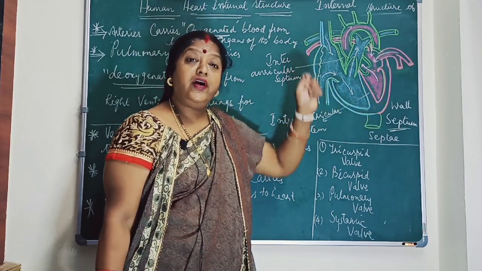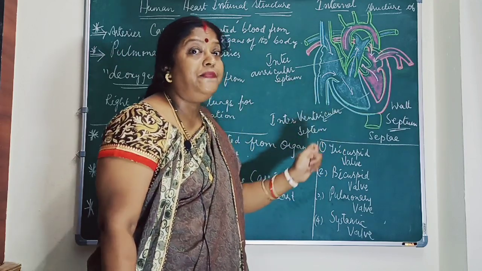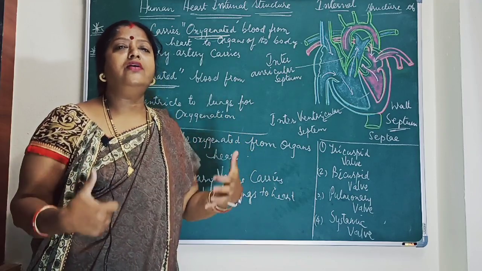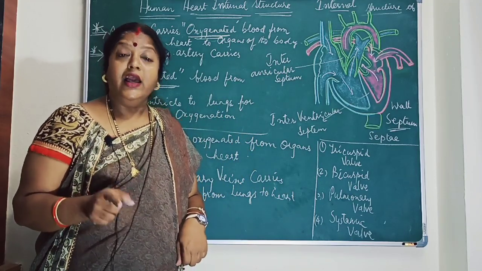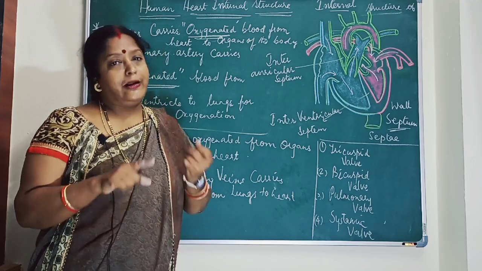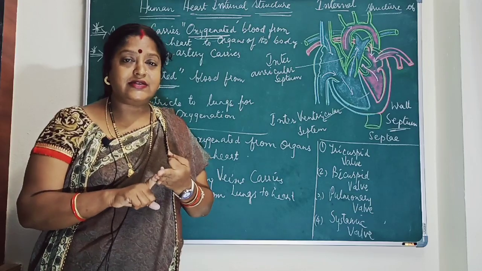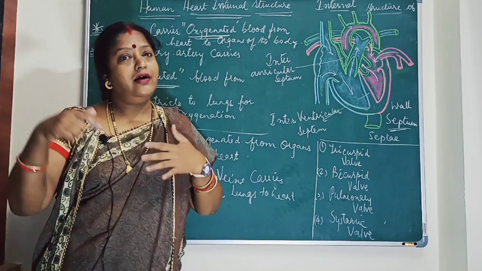It is very essential to separate the oxygenated and deoxygenated blood, children, because apes and mammals require a lot of energy to maintain their body temperature. In lower organisms like pisces, fish, amphibians, frogs, and reptiles, that is lizards, the temperature of the body changes along with the environment.